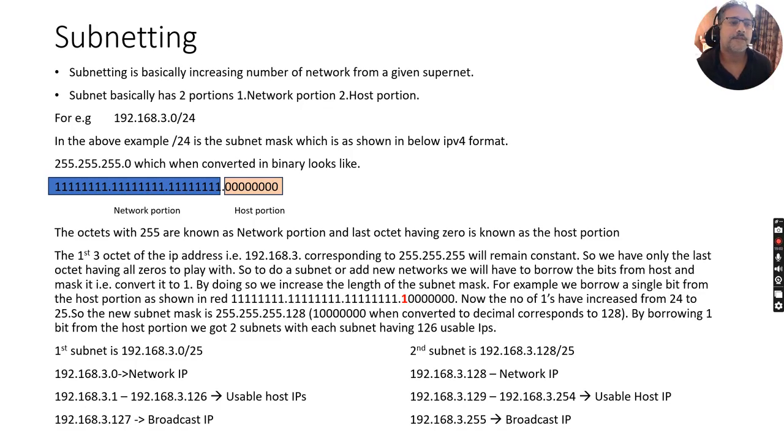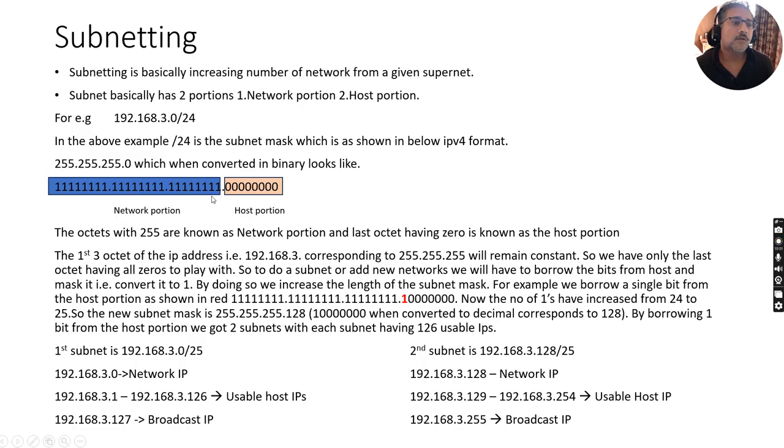So if you want to create two subnets, or three subnets, according to your requirement, you will mask bits of the host portion. You will change the number of zeros into 1. That's why it is called VLSM, variable length subnet masking. So you will mask one 0 as 1.